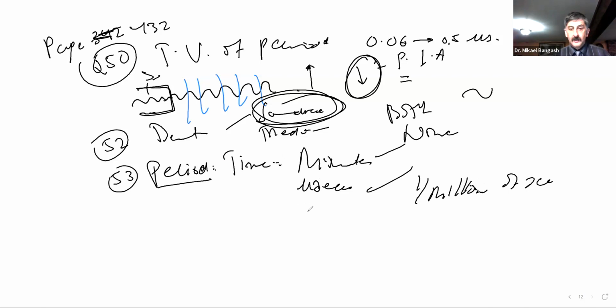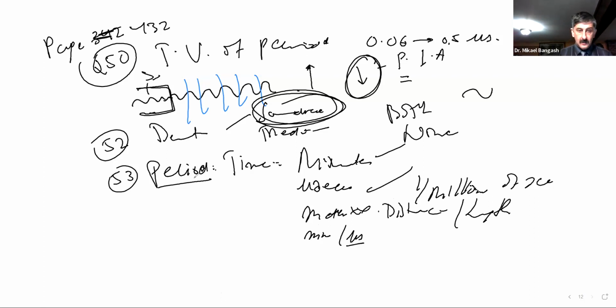The next one is meters. That can't be the one because that is the unit for distance or length. Millimeters per microsecond. Only the microsecond part is a unit of time, but together with millimeters, a unit of distance, it becomes a unit of speed.